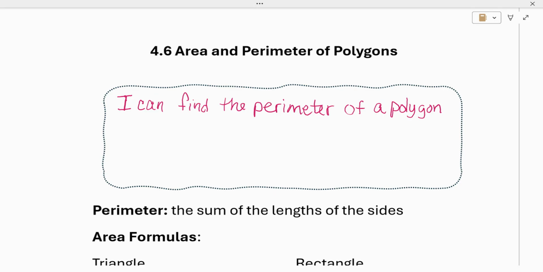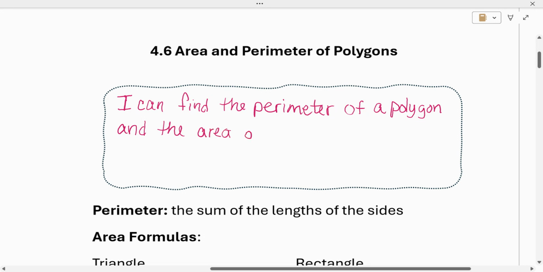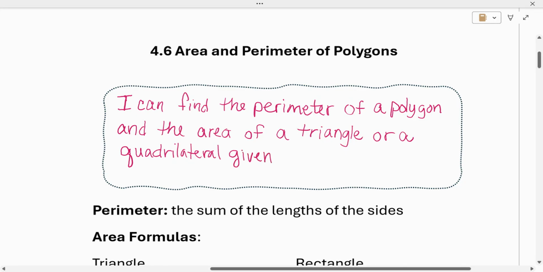I can find the perimeter of a polygon and the area of a triangle or a quadrilateral given a set of coordinates.